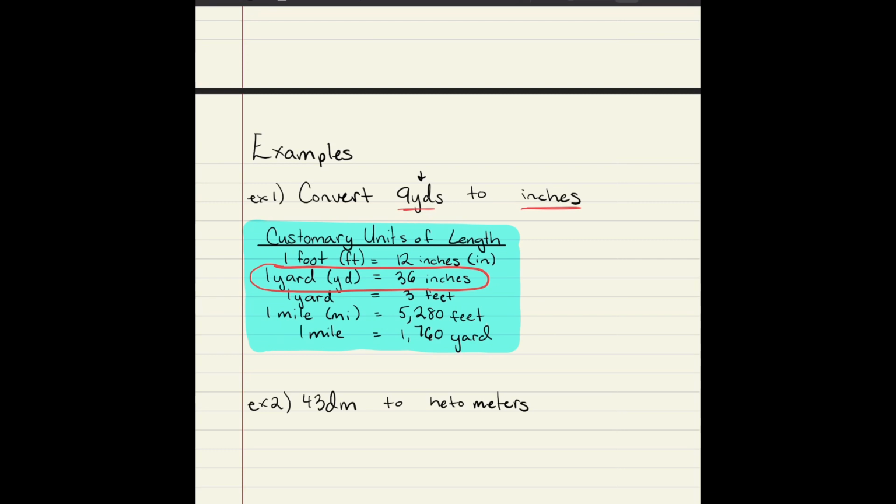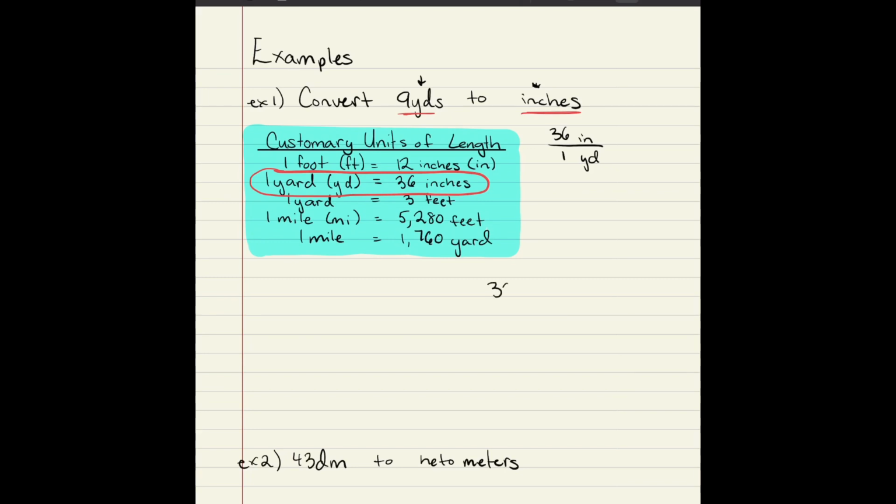And I'm given yards and I'm finding inches. So inches will be at the top, yards will be at the bottom. And it's 1 yard to 36 inches. So I'm going to rewrite this as 36 inches over 1 yard.